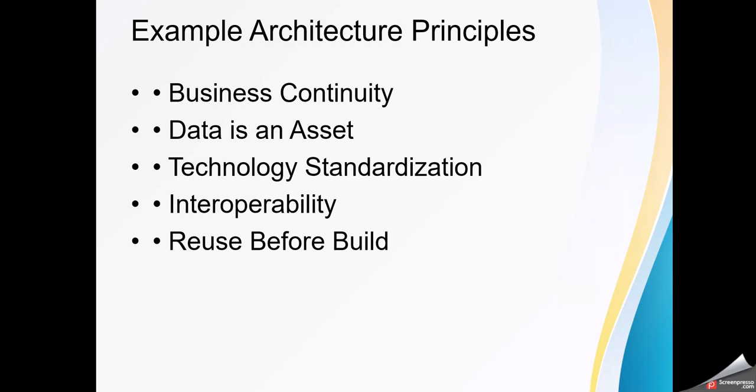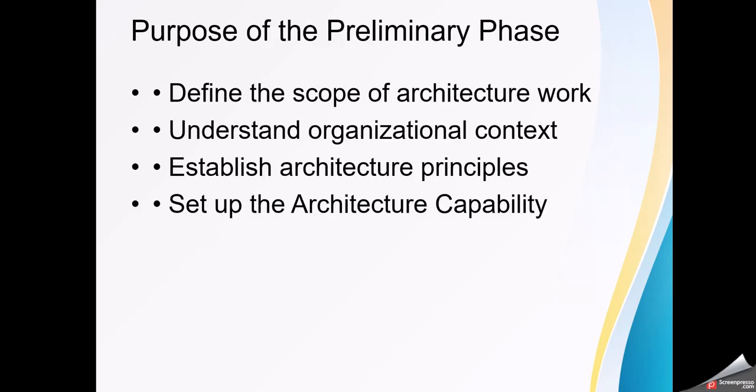There are a lot of organizations that need some business continuity. Then data is an asset. In case of security of data, then technology standardization or interoperability within our departments or sections or units, and reuse it before building a new one. Some types of architecture principles you can define.